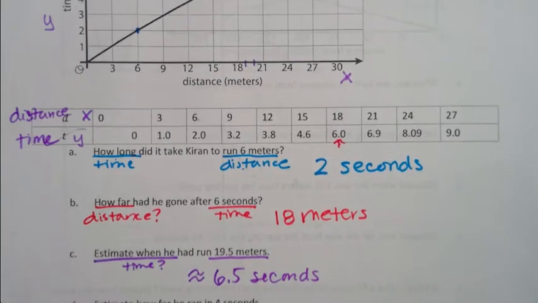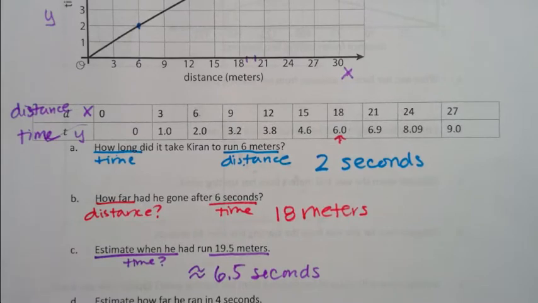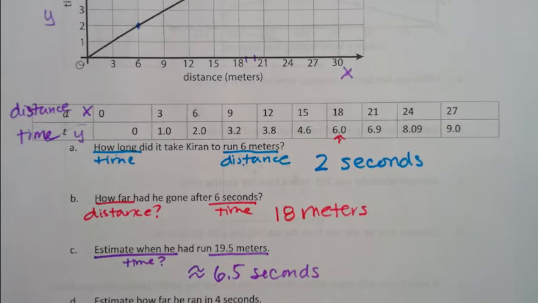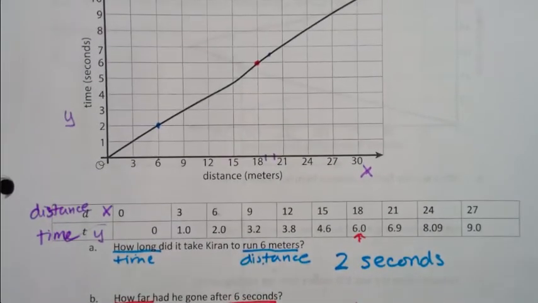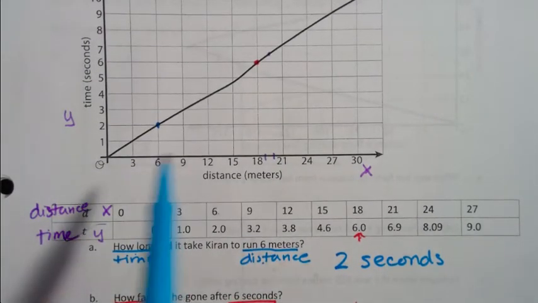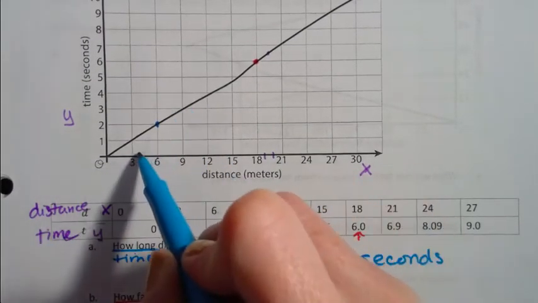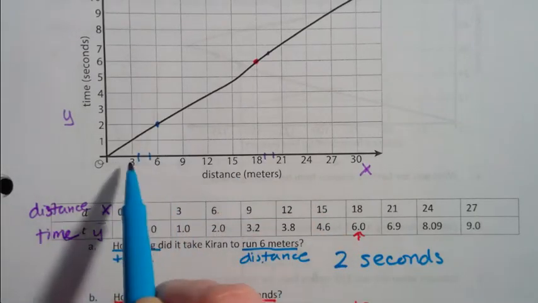Now, part D, estimate how far he ran in 4 seconds. So I have my time. We're going to estimate. Again, probably a little bit easier from the graph. At 4 seconds, we can mark that this might be around 4.